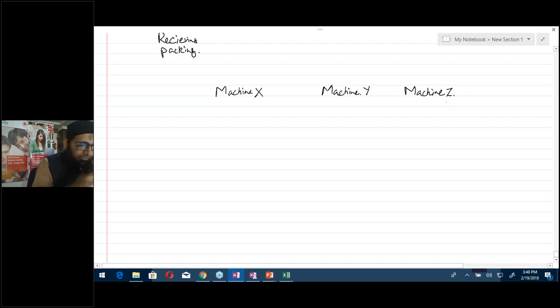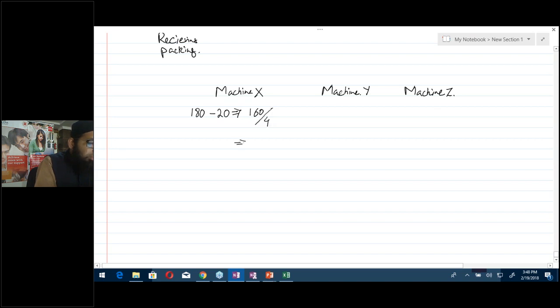Now X produces a 4-frame panel, but because of its old machinery, it also loses the capacity of 20 units. So 180 units was the total capacity, but 20 units were lost. That means its capacity will be 160. Each trolley requires 4 panels.